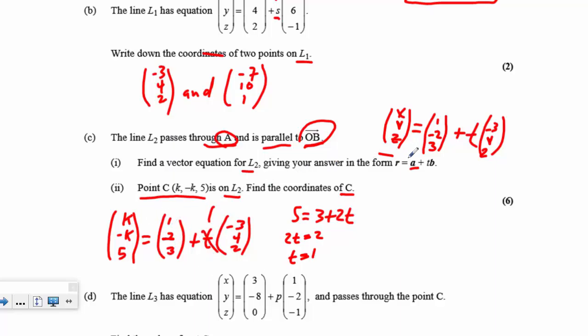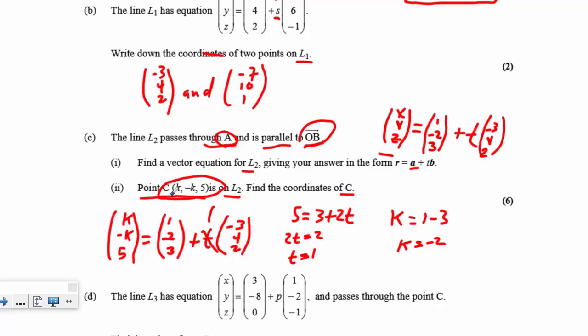And now I can figure out what k is. K is equal to 1 plus 1 times -3. So basically it's equal to 1 minus 3, which means k is in fact equal to -2. If that's the case, then -k is equal to +2, and I've actually discovered my point C here.